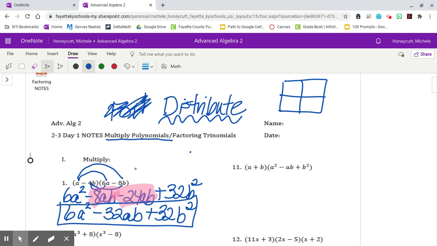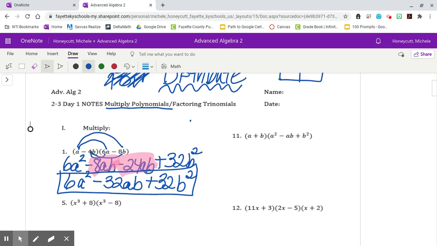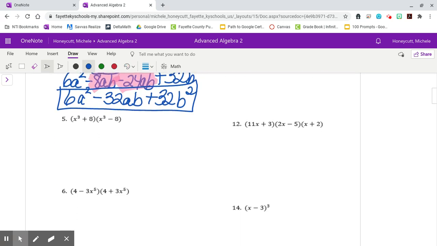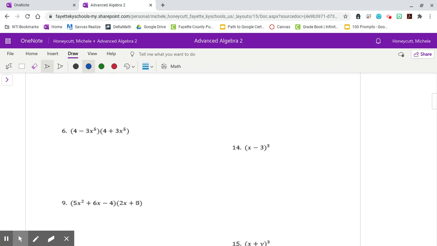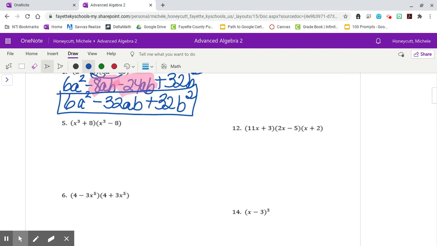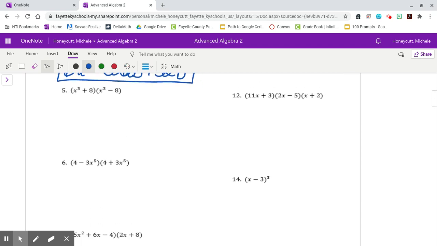So sometimes you'll have two binomials you'll need to multiply together. Other times, if you look at number 12, you'll have three binomials you need to multiply together. Now, you might be tempted to multiply 11x plus 3 to both other binomials, but the way that you multiply is you're only going to multiply two factors at a time.